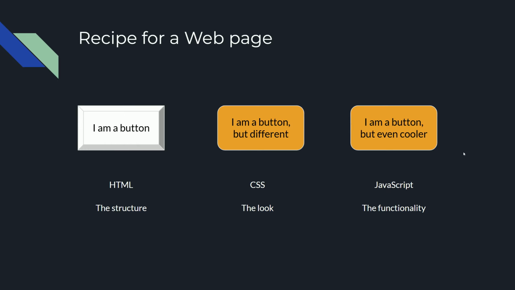And JavaScript adds a little bit of functionality to it. So maybe I do have this button, but I want to do something when I click on it. Maybe when I click, I want it to rotate around like that. So that's a quick overview of the general basic things that we used to design a web page and what led us through project one of our class.